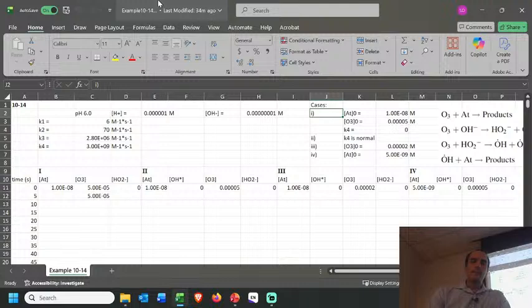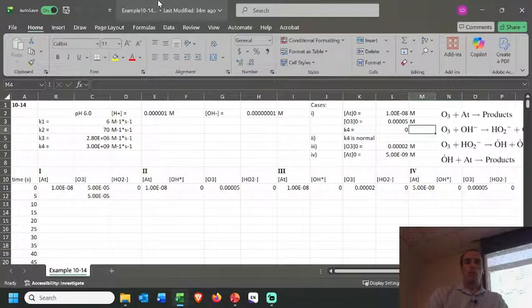For our 4 cases, I have written each of the initial conditions and some notes. So the difference between 1 and 2 is simply that we are using the normal K4, whereas in case 1, I just went ahead and set K4 to 0.